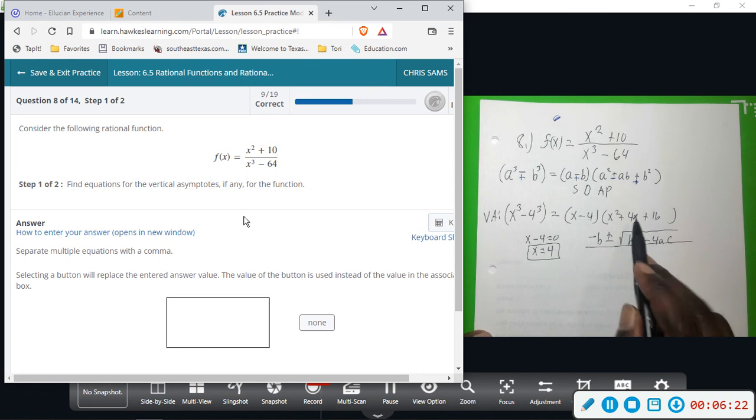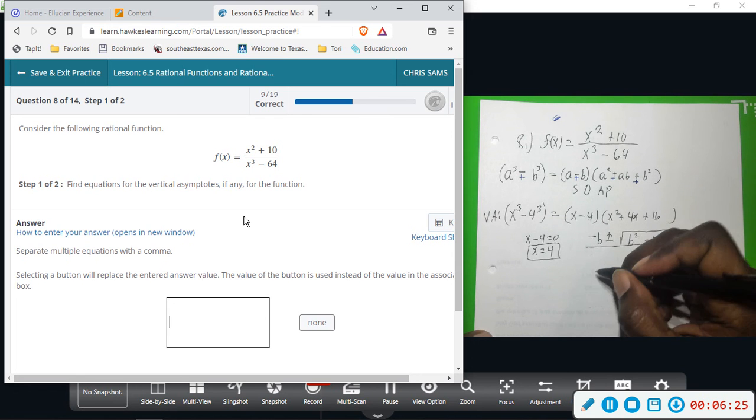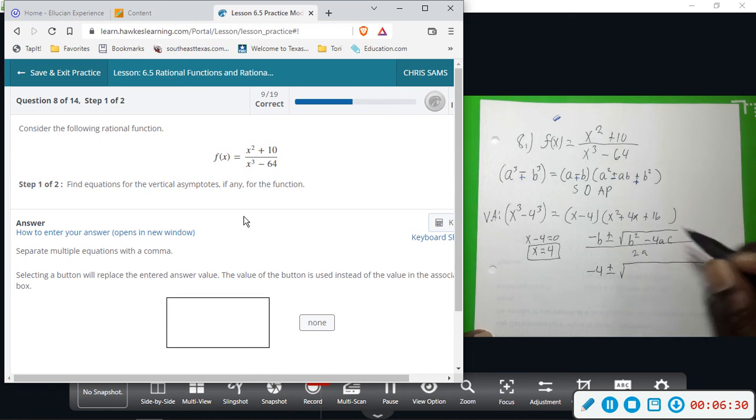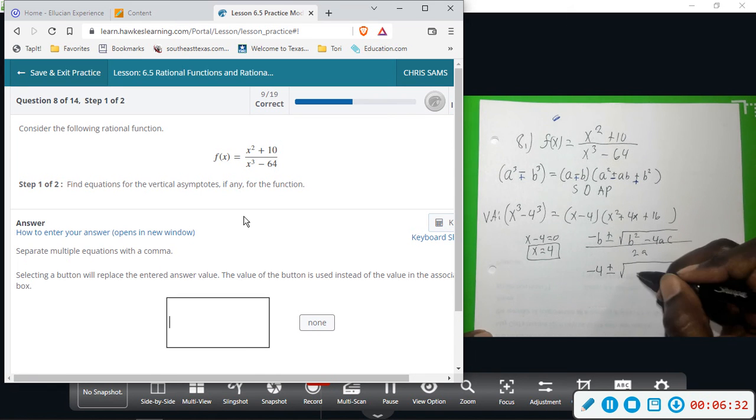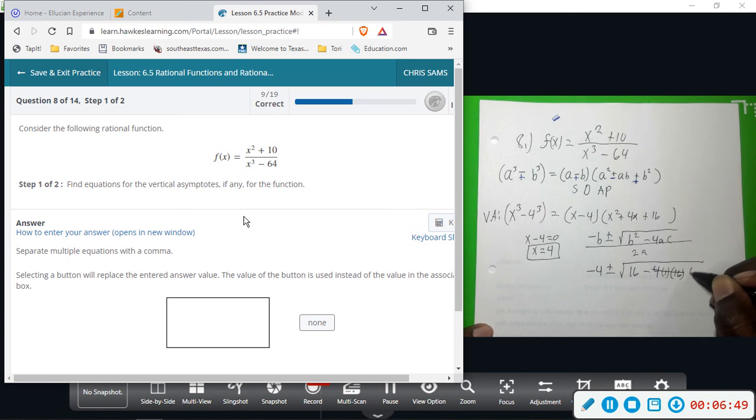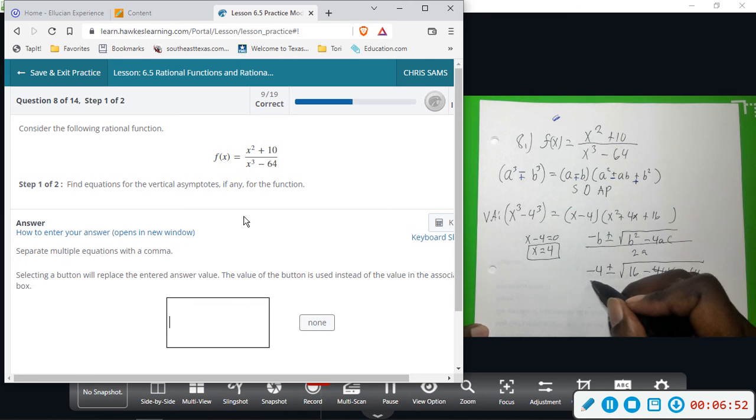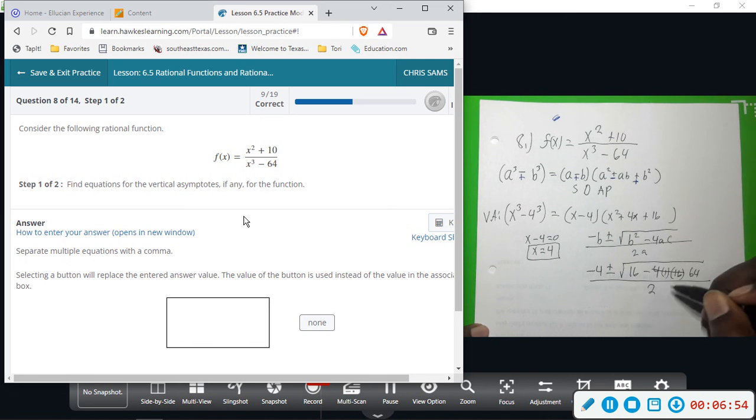So b is 4, and we plug it in as a negative 4 plus or minus the square root of 4 squared, or b squared, which is 16, minus 4 times a, which is 1, times c, which is 16. When you multiply all that, it gives us 64, all over 2 times a, which is 1, so just 2.